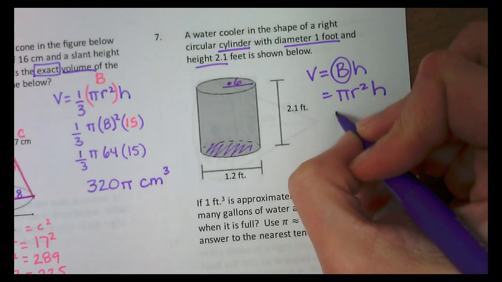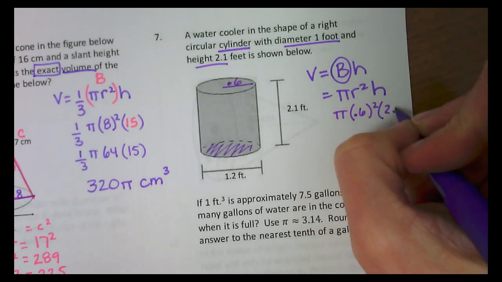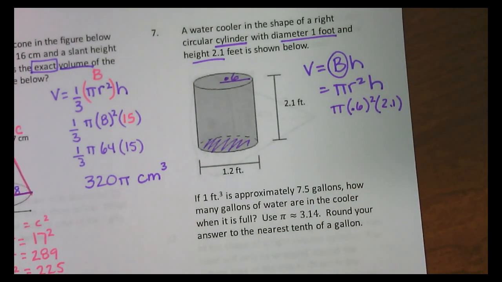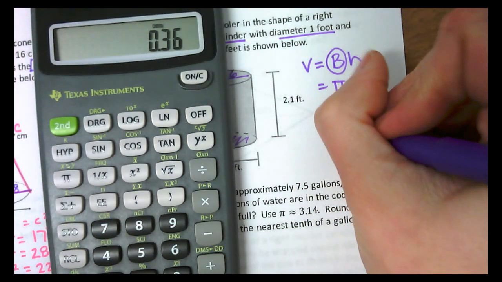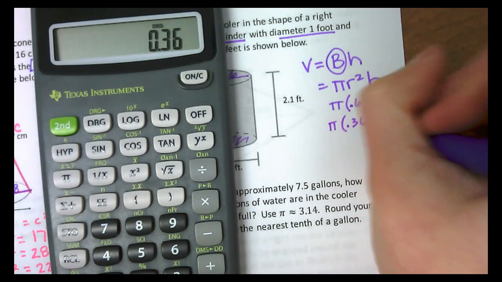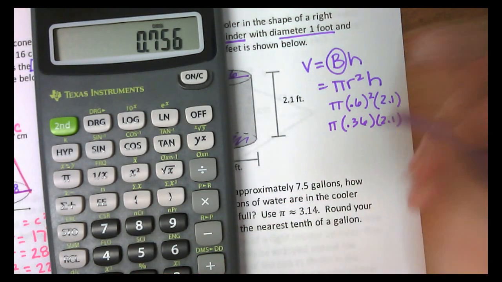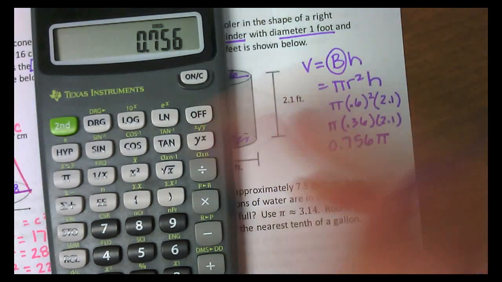My height's given to me. So pi 0.6 squared and 2.1. I want to do everything I can first, so I take care of my exponents. And then I'm going to take care of my multiplication. And I get 0.756 pi.